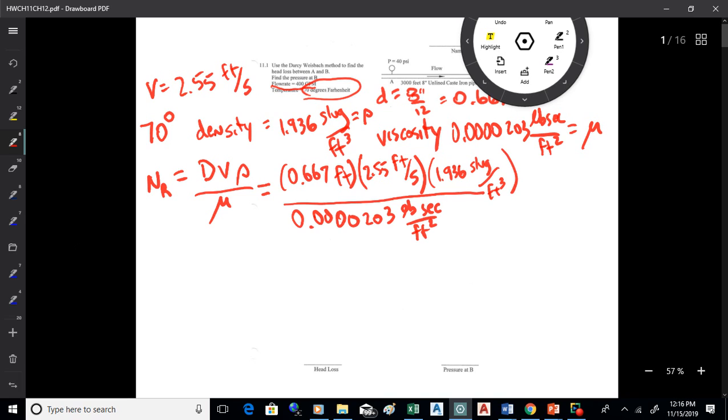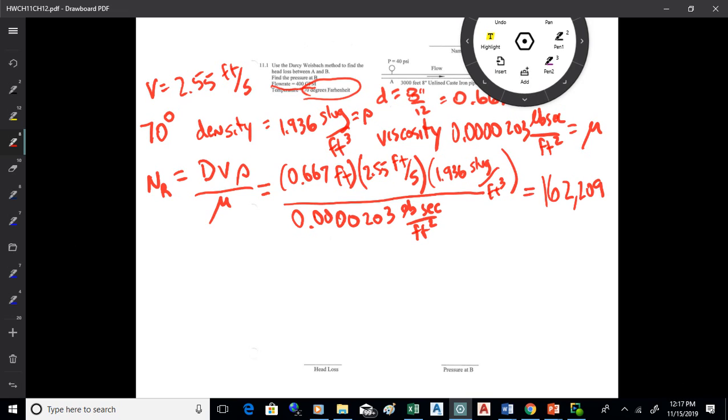If we look at those units, they'll pretty much cancel. Although there is that pound and slug thing, the units will work out. Let's not worry about the units so much on this. What this comes up with is a dimensionless number, 162,209. That's called the Reynolds number, and it doesn't have any dimensions.